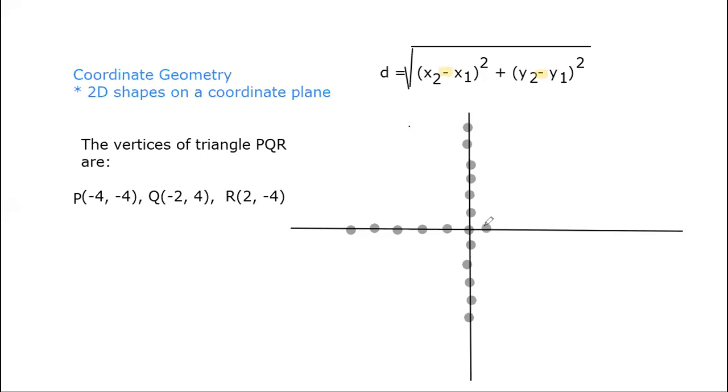Okay, now let's put our triangle vertices on there. So -4, -4. About right there. -4, -4. And then we have -2, +4. It's going to be pretty close to right there. And we have +2, -4. So right there. And that's our triangle.